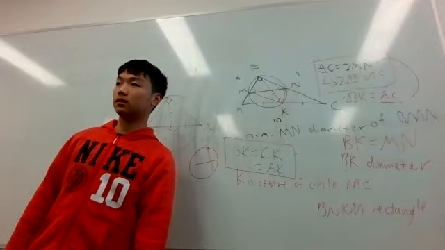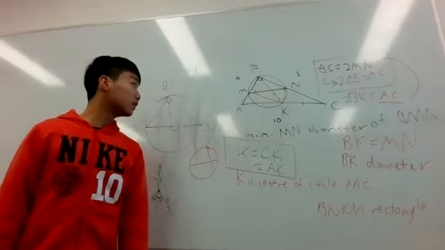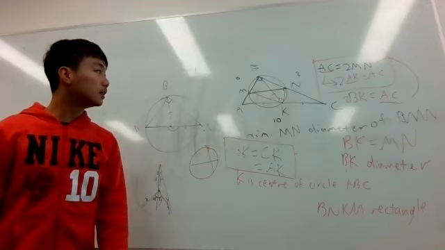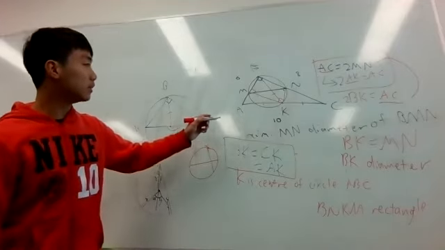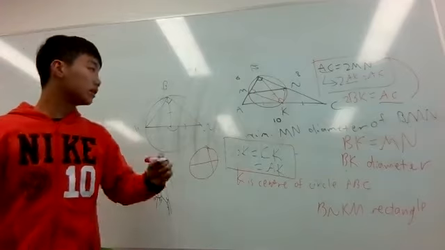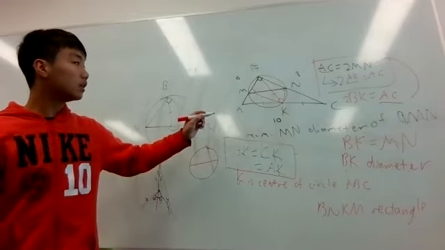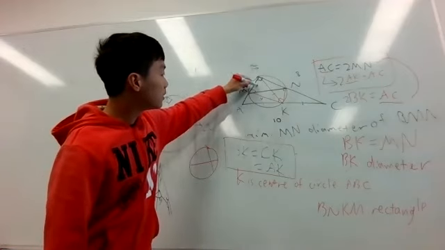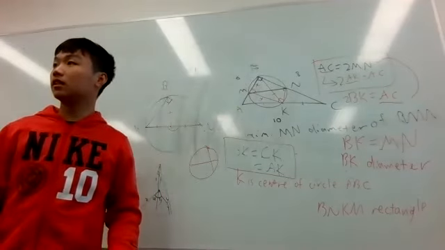So let's just call MK length Y and MB length X. Could you say that again? Just call MK length Y and NB length X. Is that right? Yeah. Okay.